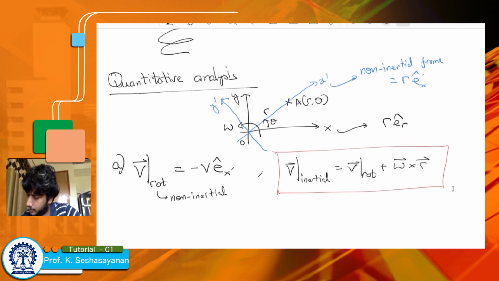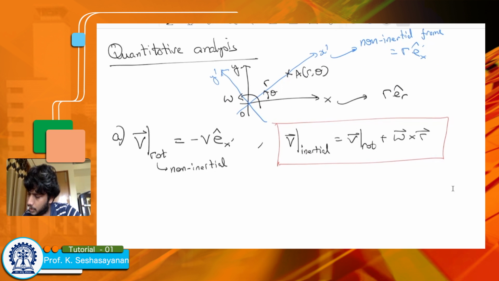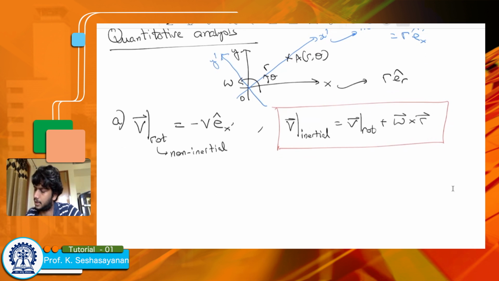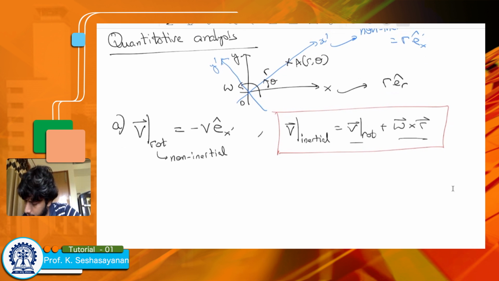We have already found v rotational. We just have to find omega cross r. Omega is along the positive z direction, so we write it as omega e_z hat, cross r. We are interested in r in the inertial frame.